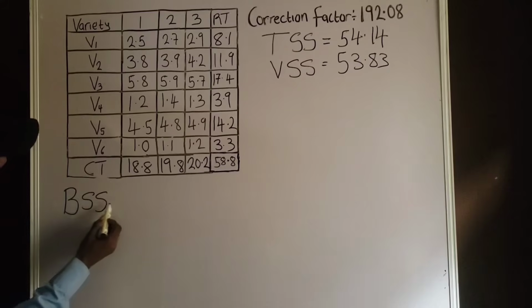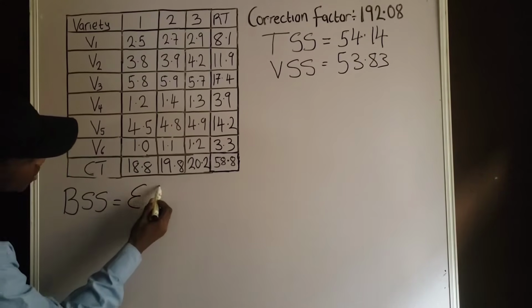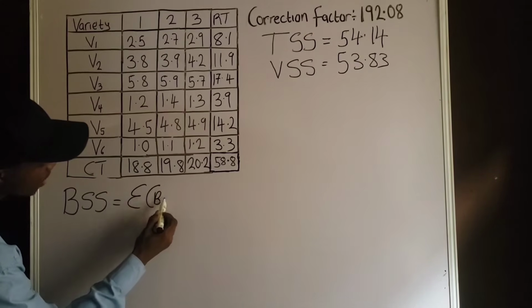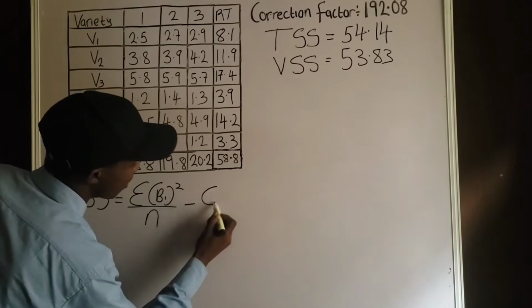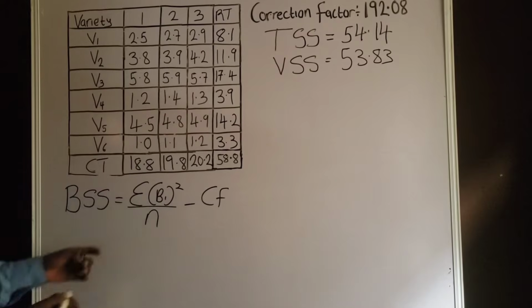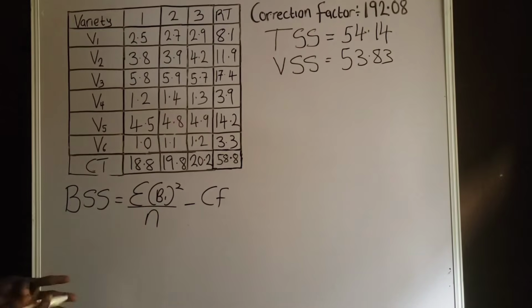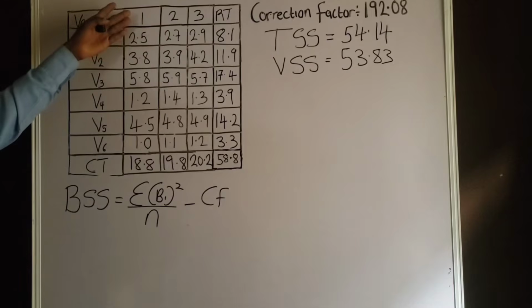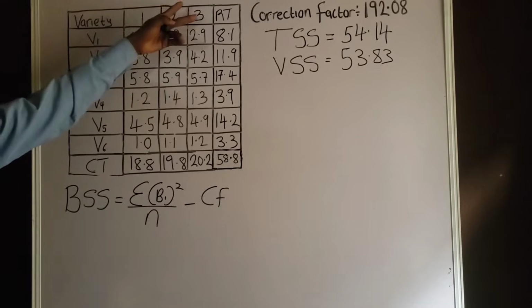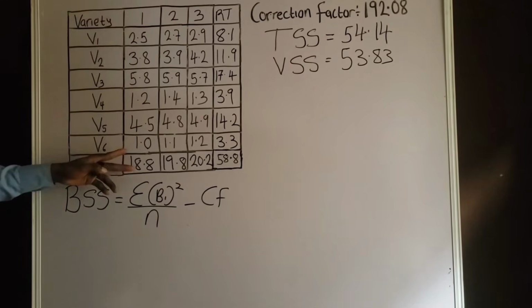Block sum of squared is equal to summation of bi squared all over n minus the correction factor, where summation bi squared is the sum of the square of each block. As you can see in this place, we have block 1, block 2, block 3, and the sum of block 1 is 18.8.